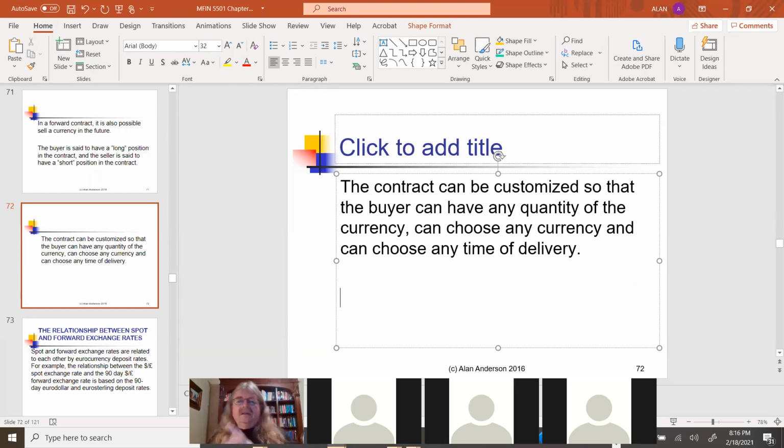So you can decide, listen, here's what I need. I need this currency, this quantity, and this delivery date. And as long as you can find a counterparty to take the other side of this contract, you're all set.